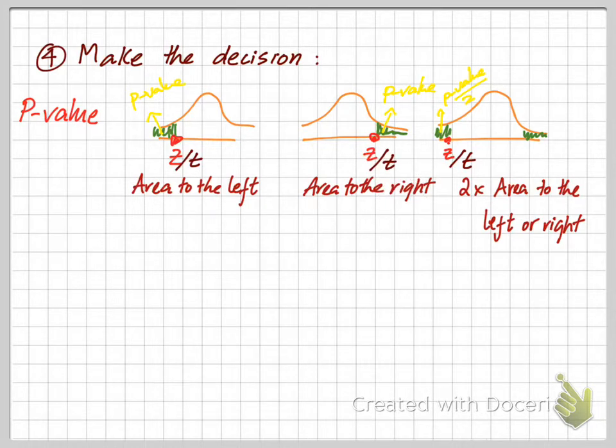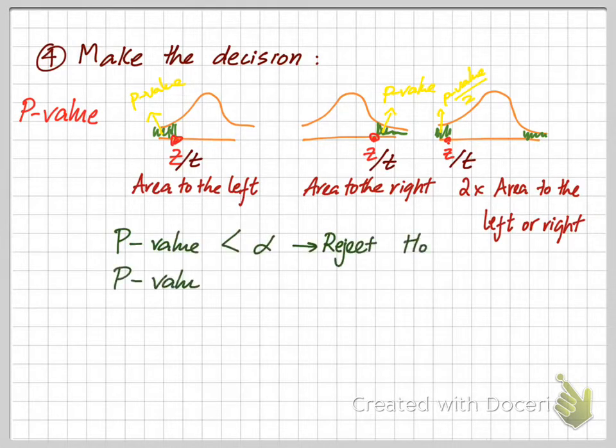And if you have a two-tailed test, then the p-value will be 2 times the area to the left of this test statistic, or 2 times the area to the right of this test statistic. Depending on your scenario, the test statistic for two-tailed tests can be either on the left side or on the right side.